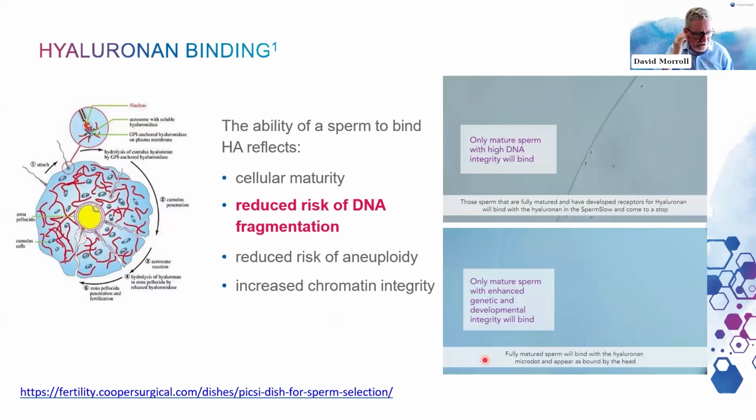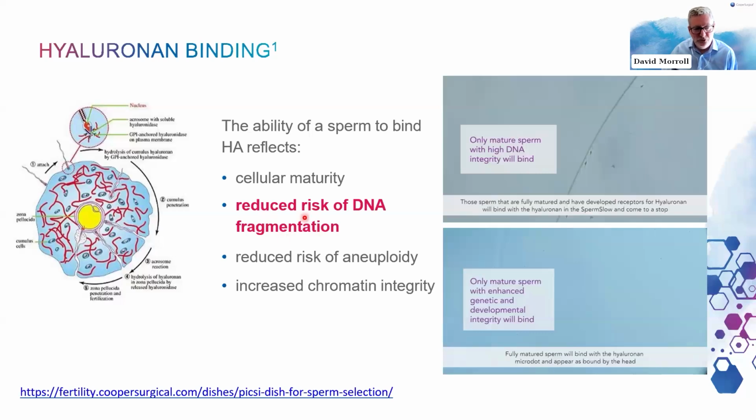Now, you'll know we have an interest in hyaluronan binding. We know hyaluronan binding is linked to, amongst other things, the risk of DNA fragmentation in the sperm nucleus. This is based on the work that people like Gabor Hussar and Denis Akas and others have done, principally Gabor Hussar.